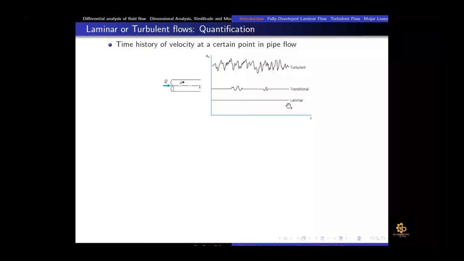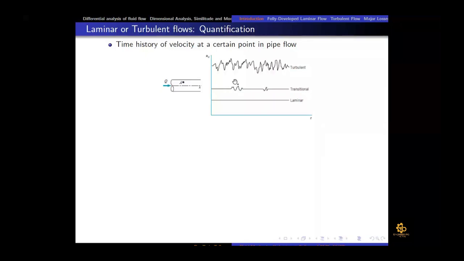For laminar flow, you can see that the flow velocity remains unchanged at a point because it is a fully developed laminar flow. If you put a probe at a certain point, it would give you the same value of velocity if the cross section of the pipe is not changing, and because we are talking about steady flow as well.